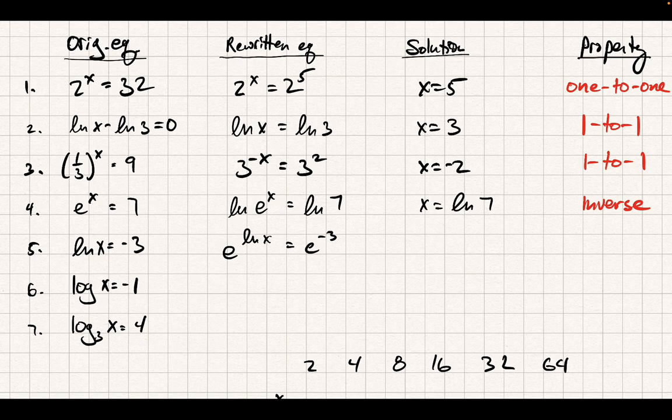You cross out e and ln. Yes. So x would equal e to the negative 3. Or if you wrote 1 over e cubed, that's fine too. Yeah, that works. And what property did I use? Inverse property. If I scratch out anything, there's a pretty good chance I'm using the inverse property.